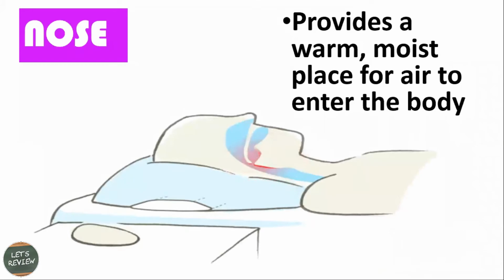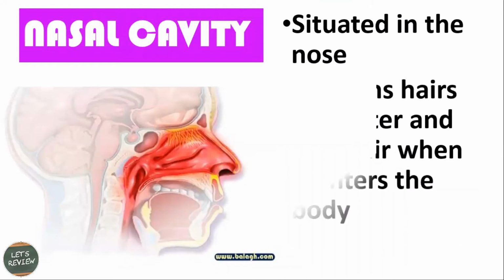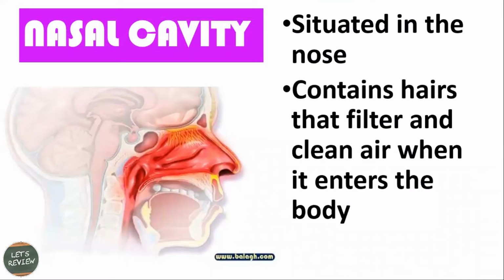This is the opening, the first part wherein the air enters for breathing. It has a nasal cavity, which is situated in the nose. It contains hairs that filter and clean air when it enters the body. We call it cilia.